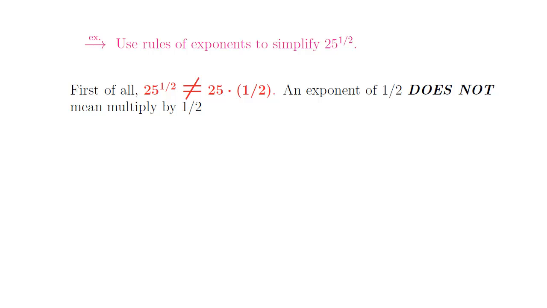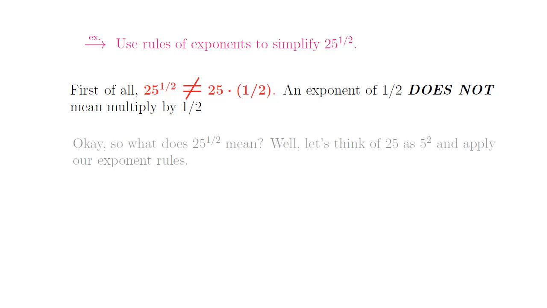First of all, I want to state that 25 raised to the 1/2 power does not mean 25 times 1/2. Recall, exponents count the number of factors. So this is not a multiplication. An exponent of 1/2 does not mean multiply by 1/2. Okay, so what does 25 to the 1/2 mean?